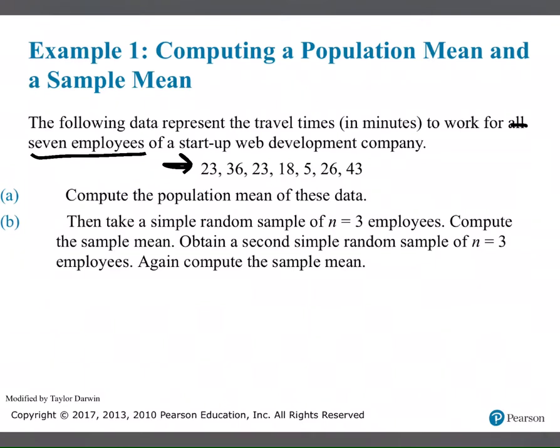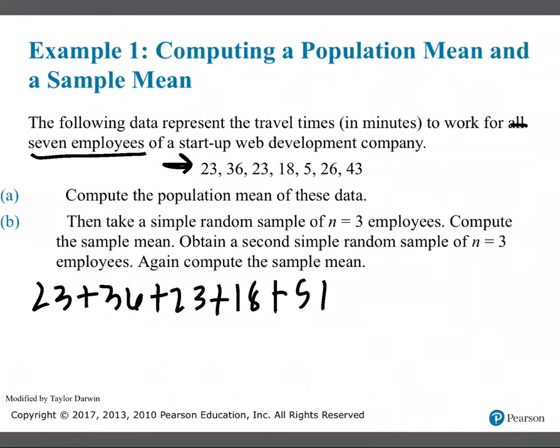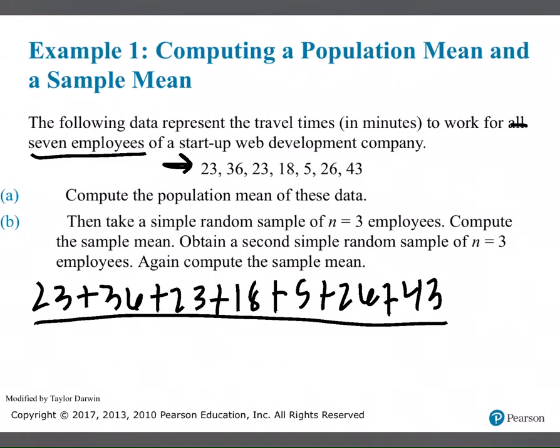So I'm going to go ahead and add these up. Not 8, 7. And I'm going to add these on my calculator.